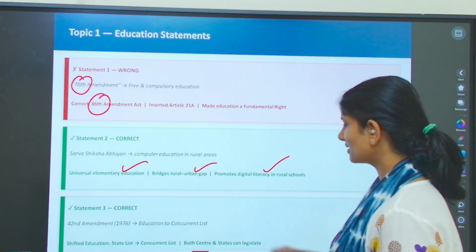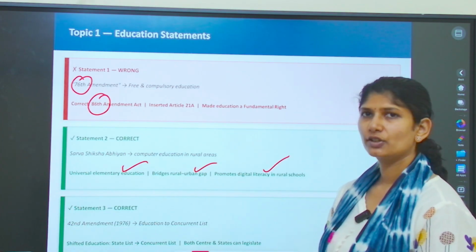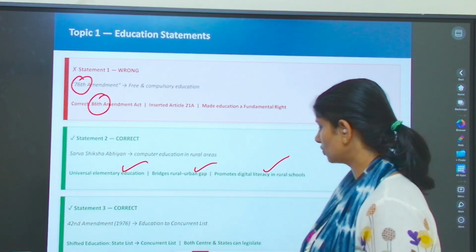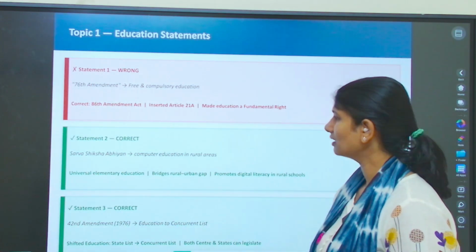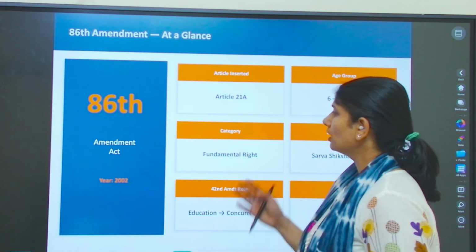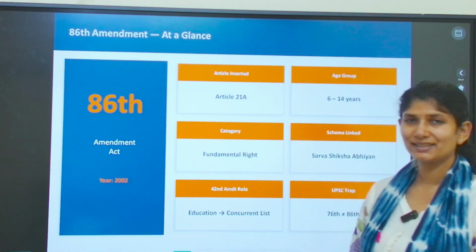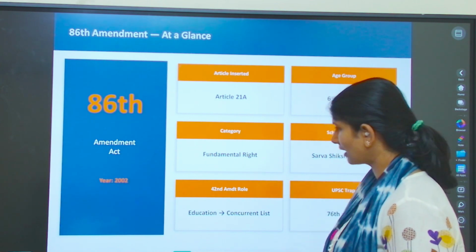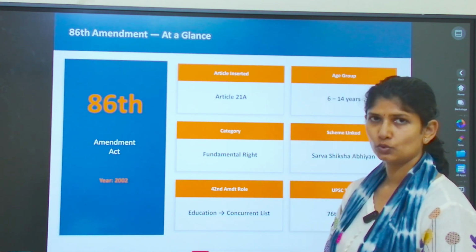Last statement, the 42nd Amendment moved education from the state list to the concurrent list, so that both center and state can legislate on education. Now, the 86th Amendment, if we are just going to have a look at this, what all did it add? It was in the year 2002.